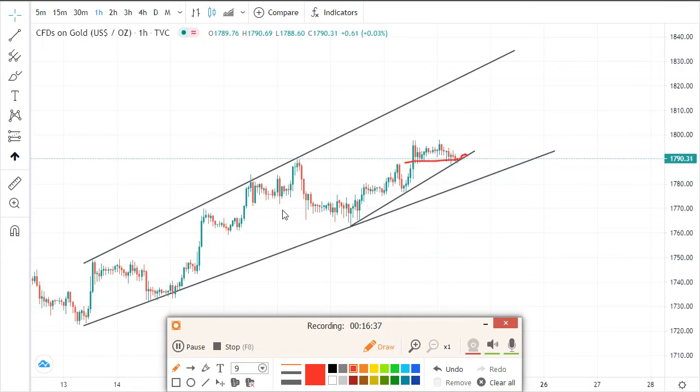This area is similar to this area. You can see that the market went up when it came down. Here at least it reached my resistance, but here the market is trying to push up again. Or even here the market came down, but again here it pushed up. Even here, because we are on an uptrend, the market can still push up again.